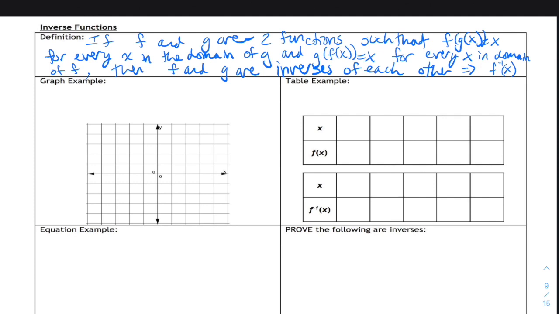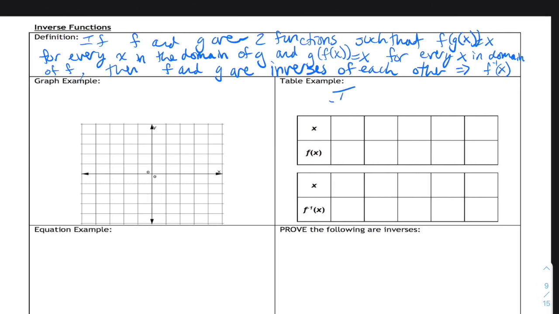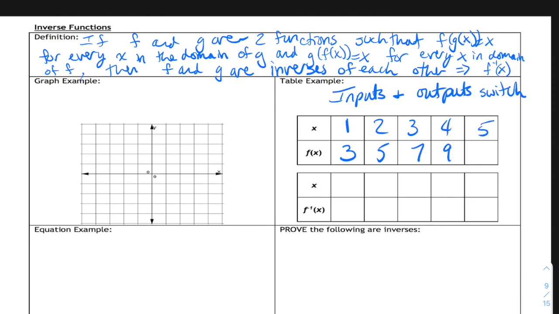All right, so a graph example of this. Let's first look at the table. So for the table, we want inputs and outputs, and we're going to switch them. So if x is 1, and let's say this is 3, 2, and 5, 3 and 7, 4, 9, 5, and 11.